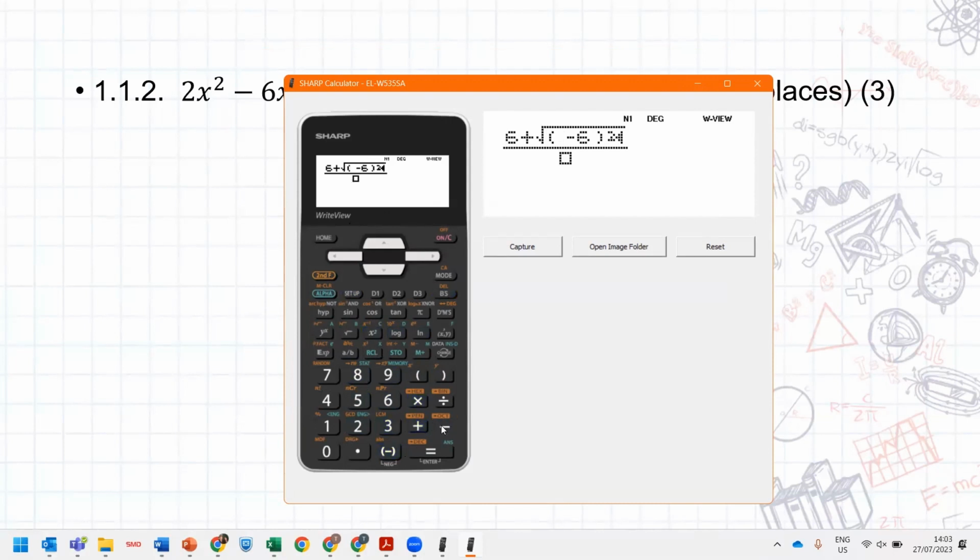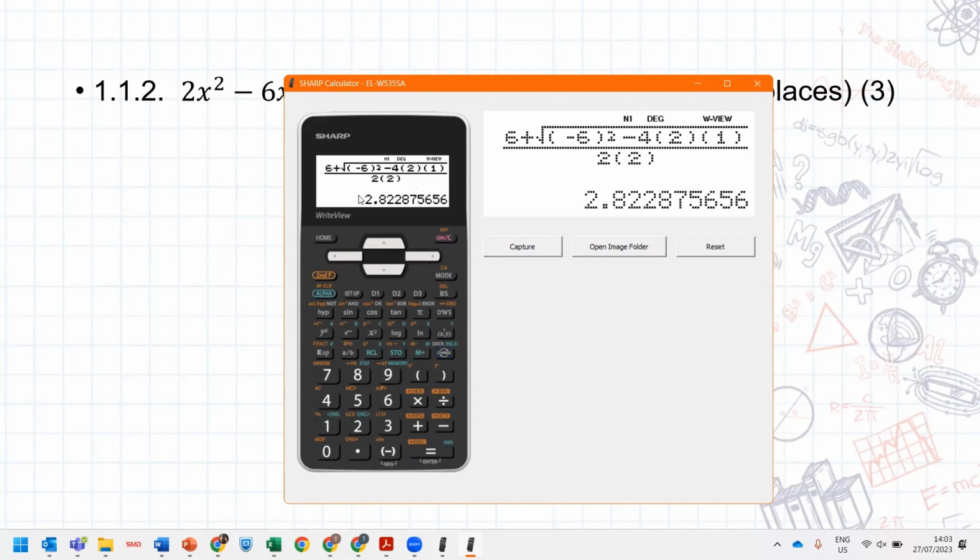And then when we do minus 4, we use the minus button. 4, a is 2, and c is 1, over 2 times 2. And that gives us 3 plus square root 7 over 2. And if we change that, 2,82. Round it off, you can see that the 2 is less than 5, so it just stays the same.